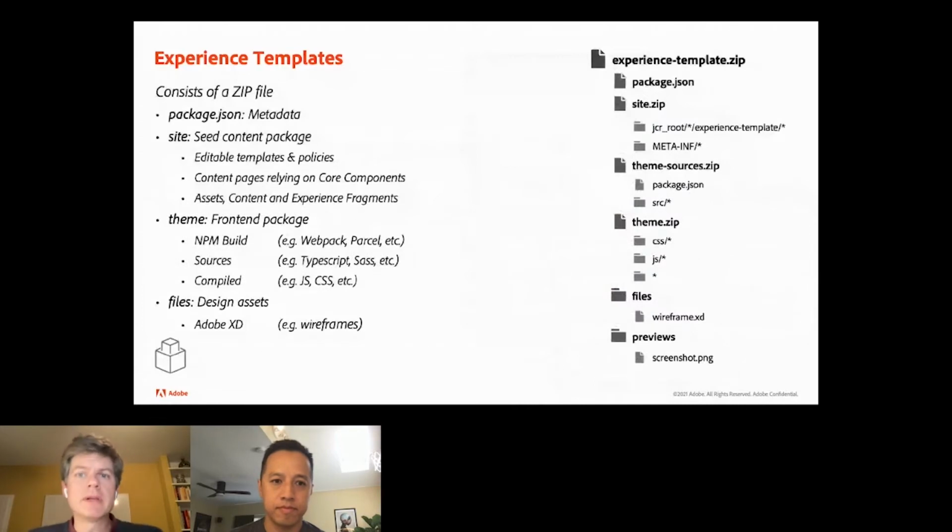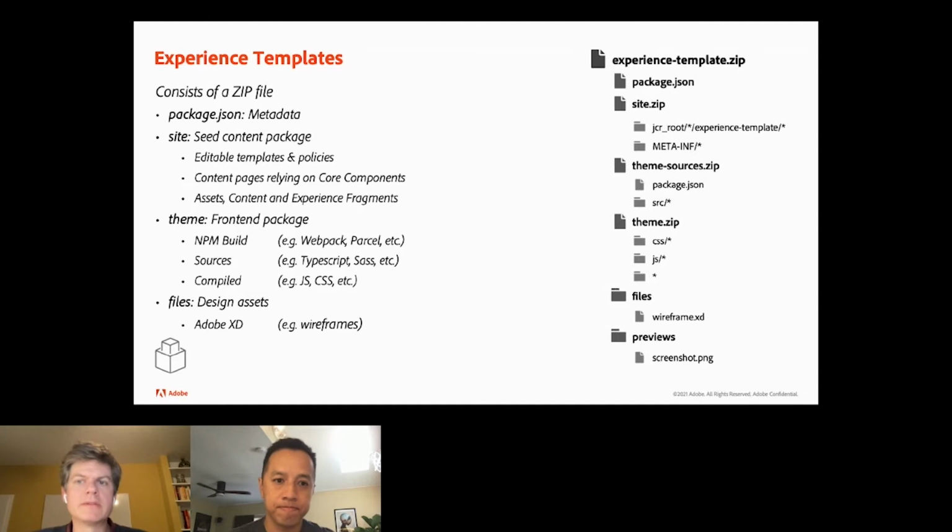And a site template is actually composed of a number of things. Let me quickly dive into that while we are at it. As such, an experience template is actually a zip file. It contains some metadata in the form of a package JSON. It contains a seed content package in a site.zip file.